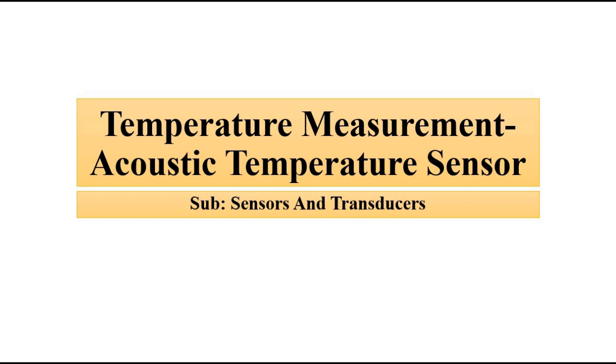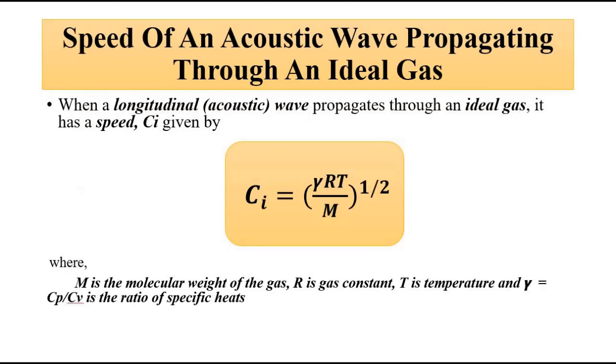So the basic principle which is used here is that when a longitudinal acoustic wave or sound wave moves through an ideal gas, normally an inert gas is used, like we did in the gas thermometric sensor, because they are non-reactive and they have stable electronic configuration.